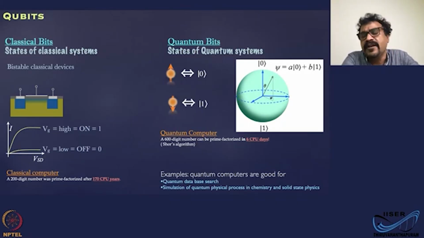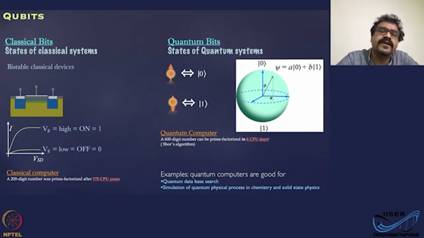You can generate a number of states just using these 0 and 1, which is not possible in the classical case. And similarly, as you increase the number of qubits, the number of possibilities goes up enormously. That is a fundamental difference between a classical bit and a qubit.